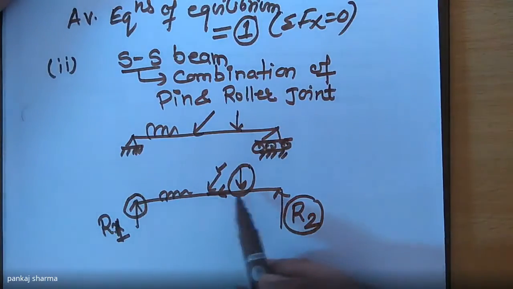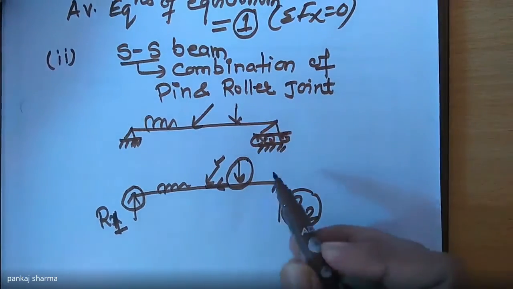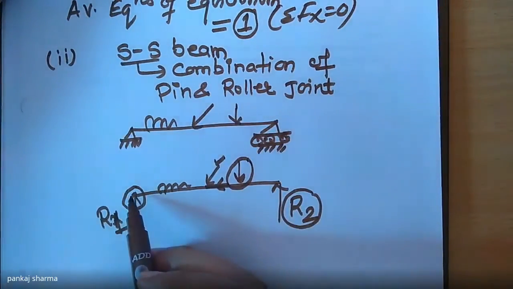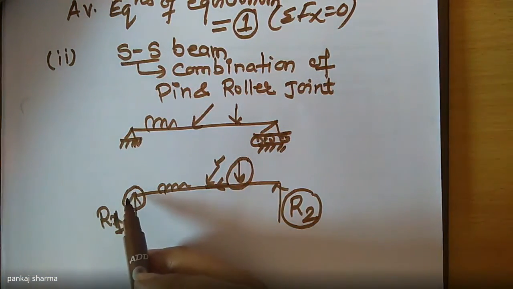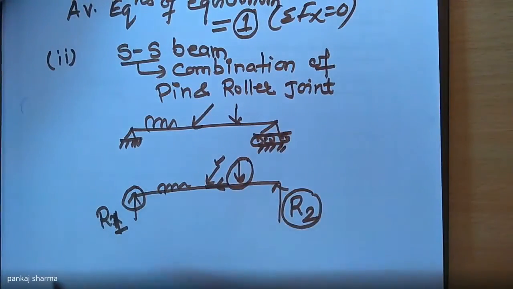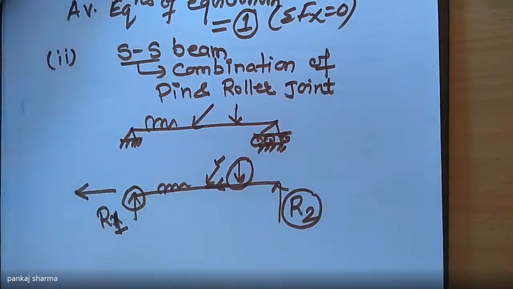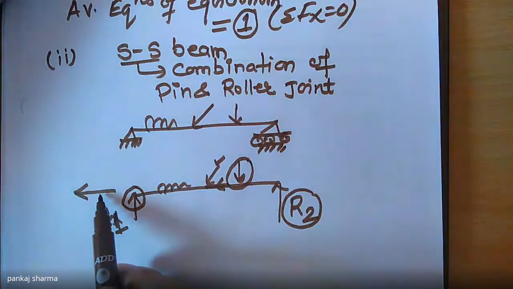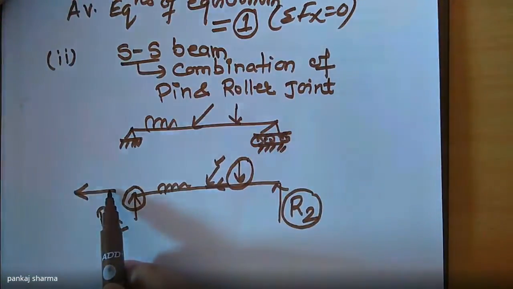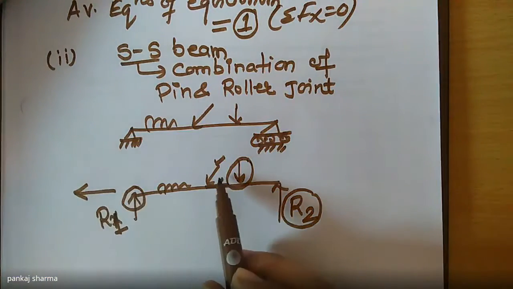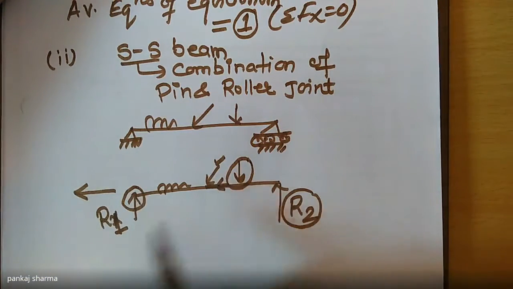As we know, the property of the pin joint is to prevent the translation motion. So there may be a reaction force also present. It depends on whether the axial force is present or not.